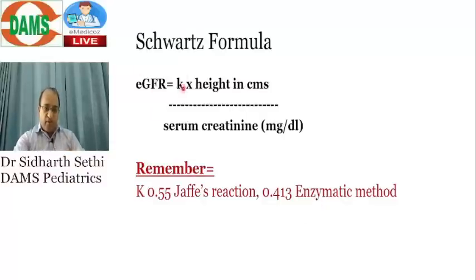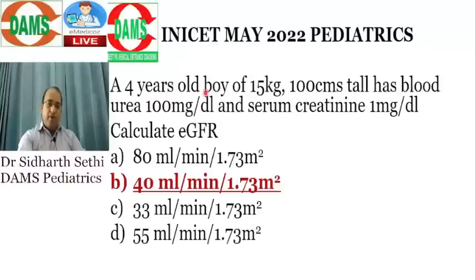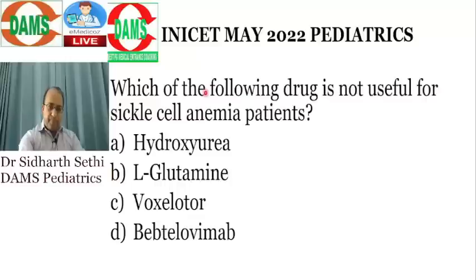So 0.413 multiplied by 100 is 41.3. So the answer here is 40 ml per minute per 1.73 meter square. So remember, Dr. Schwartz has given a new K of 0.413. This is what we follow every day. This is what I do and tell the parents how much their child's kidney is functioning.